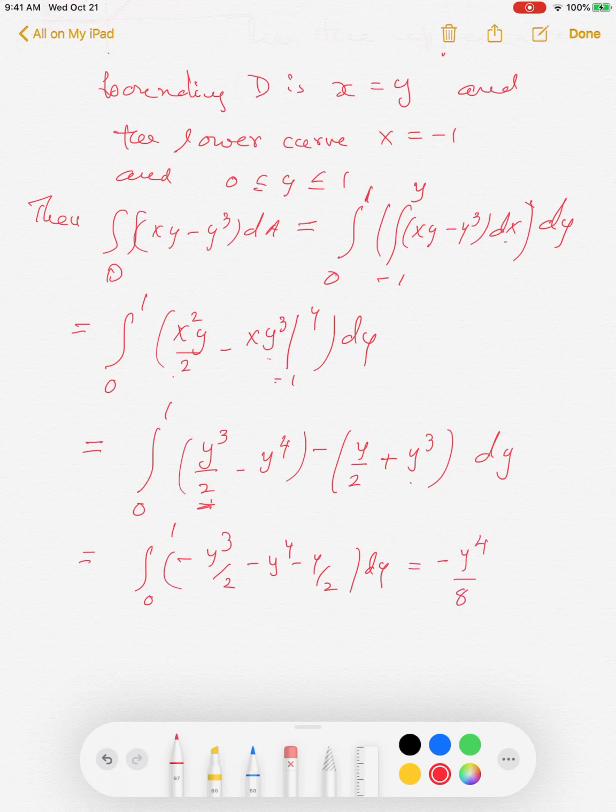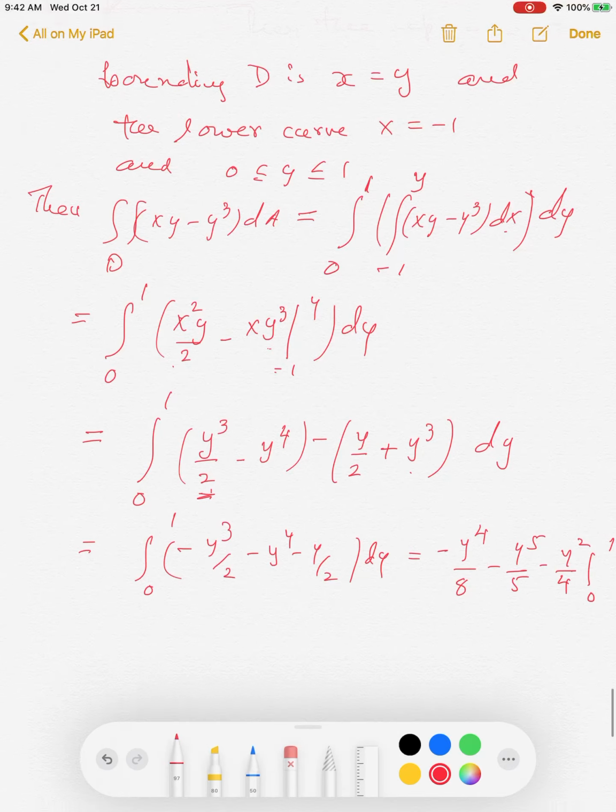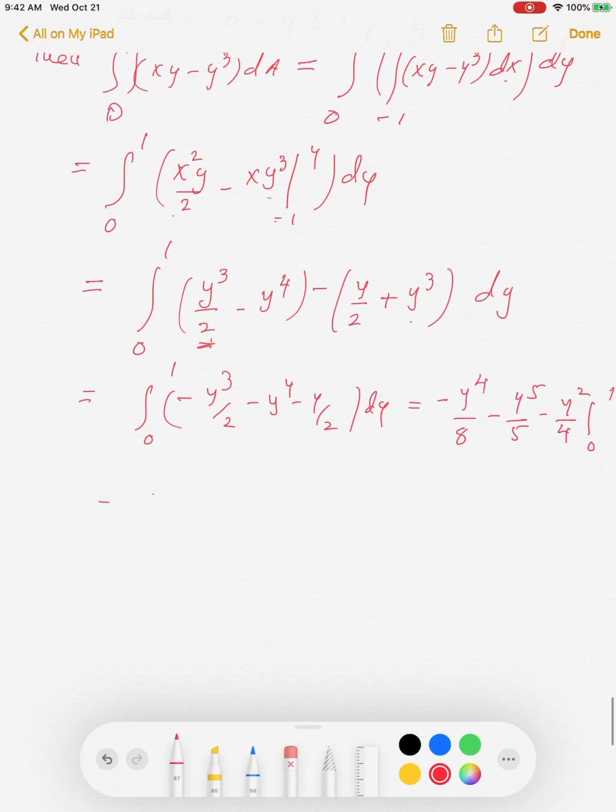and so this is going to be minus y to the 4 by 8 minus y to the 5 by 5 minus y squared by 4 between 0 and 1. So this is going to be minus 1 by 8 minus 1 by 5 minus 1 by 4.